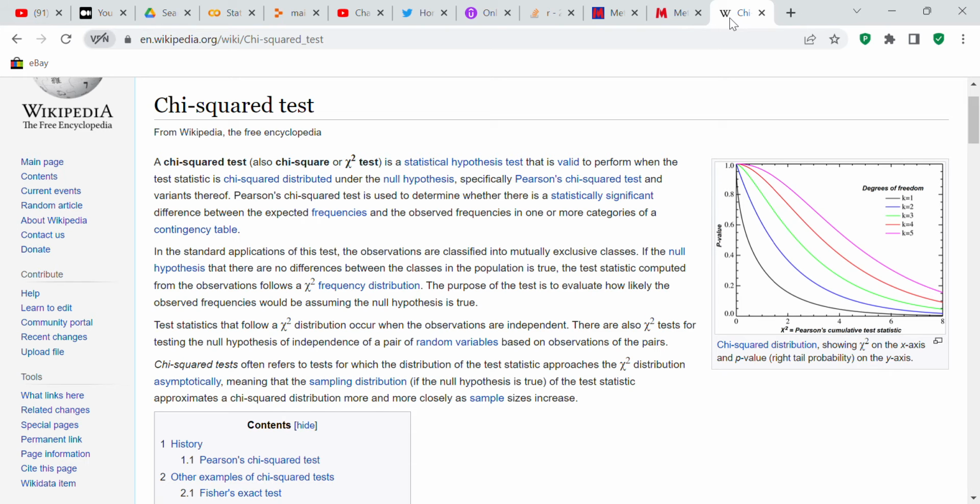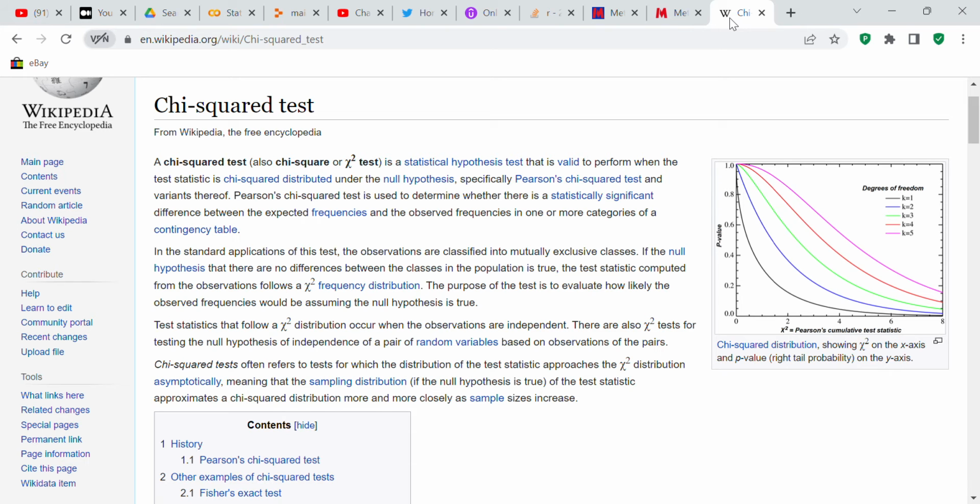So we're looking on Wikipedia. It says a chi-squared test, also called chi-square or x-squared test, is a statistical hypothesis test that is valid to perform when the test statistic is chi-squared distributed under the null hypothesis, specifically Pearson's chi-squared test and variants thereof.